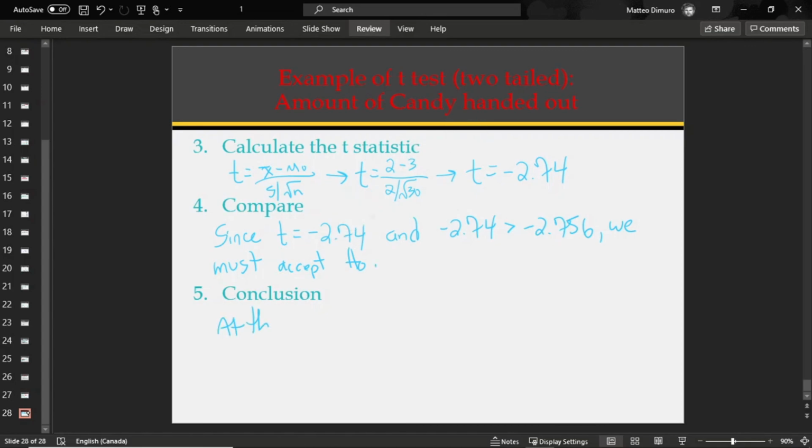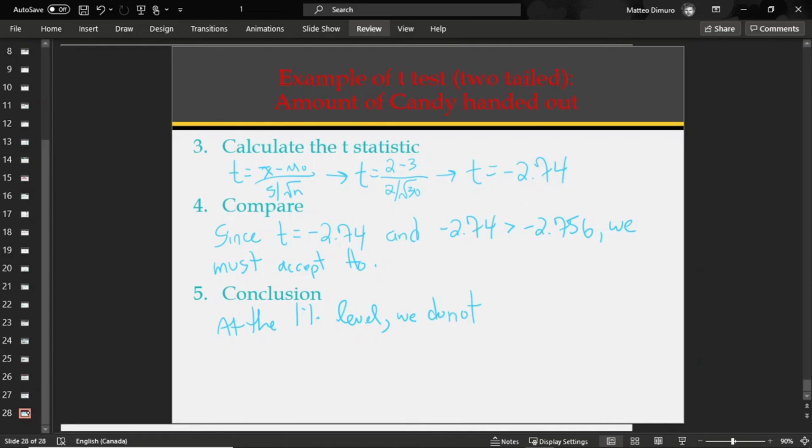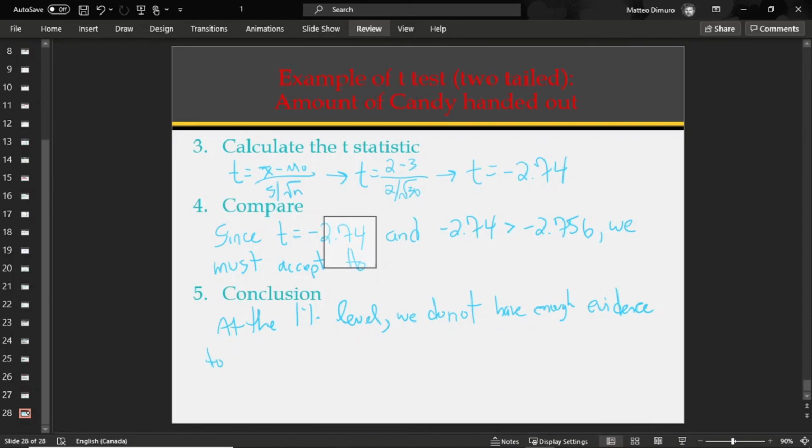So at the 1% level, we do not have enough evidence to reject H0.